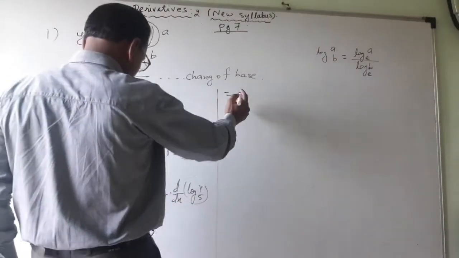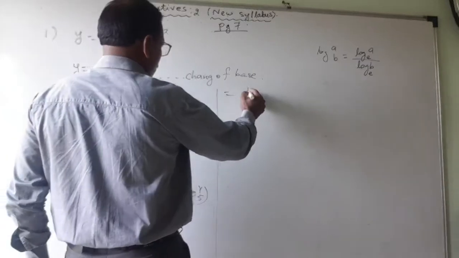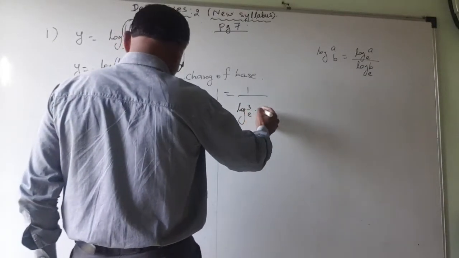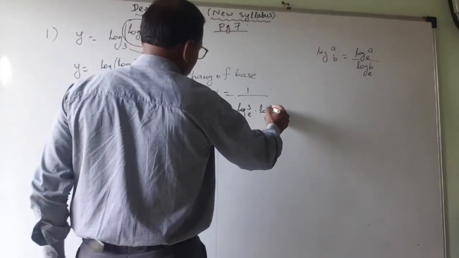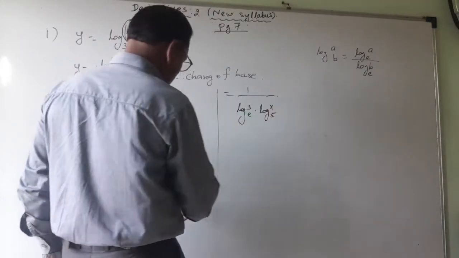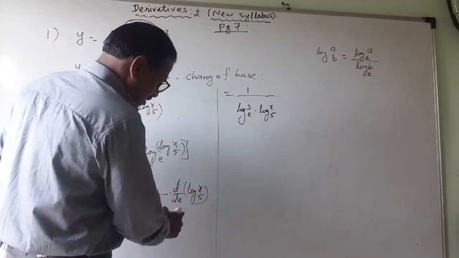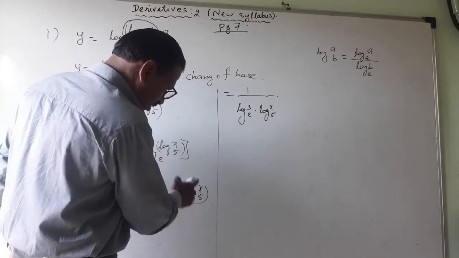So that is equal to, this part I will bring together, 1 upon log of 3 to the base E into log of x to the base 5. I am purposely mentioning the base. Here I want to change the base. Base I want E. So this upon this.